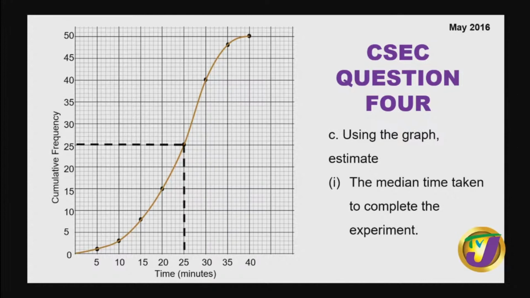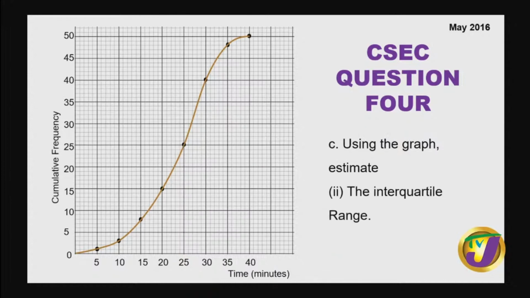And that means that the median time taken to complete the experiment would be approximately 25 minutes. Right, approximately. And note, students, where did we get the median reading from? Down where the time is. So it's 25 minutes.